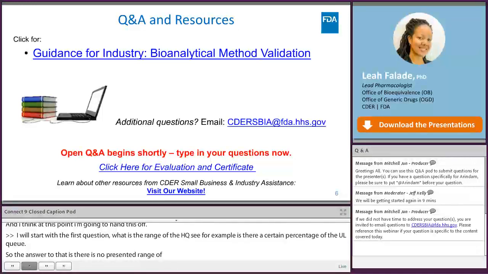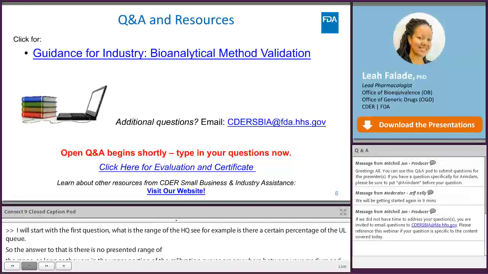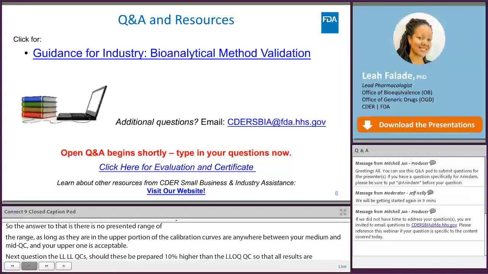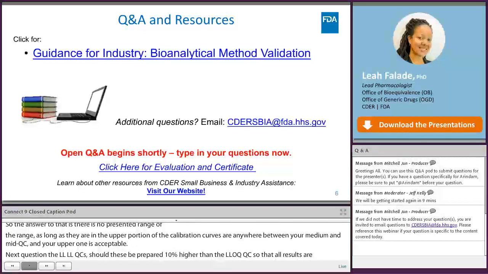Next question. For the LLOQ QCs, should these be prepared 10% higher than the LLOQ so that all results are at or above the LLOQ, or should the LLOQ QC be prepared exactly at the LLOQ, and we accept results both above and below the validated LLOQ?